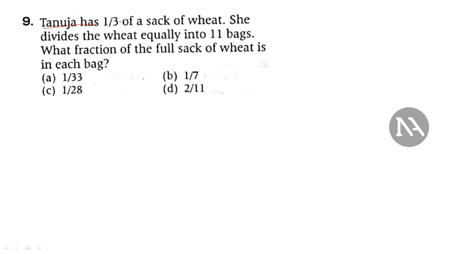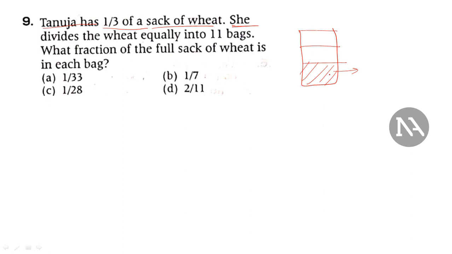Tanuja has 1/3 of a sack of wheat. So this is a sack, and if we divide into 3 parts, she has 1/3 of wheat in the sack, right? This is the amount of wheat Tanuja has.